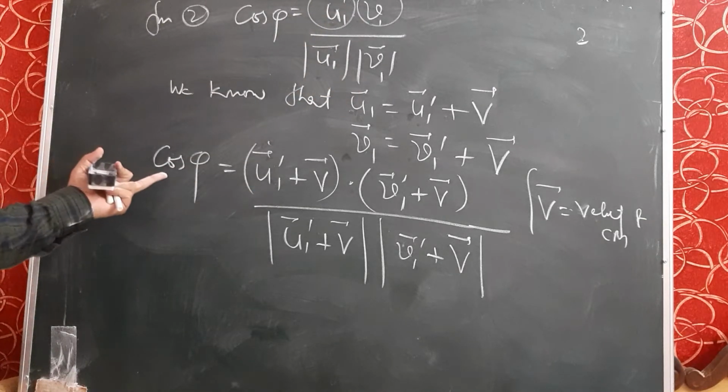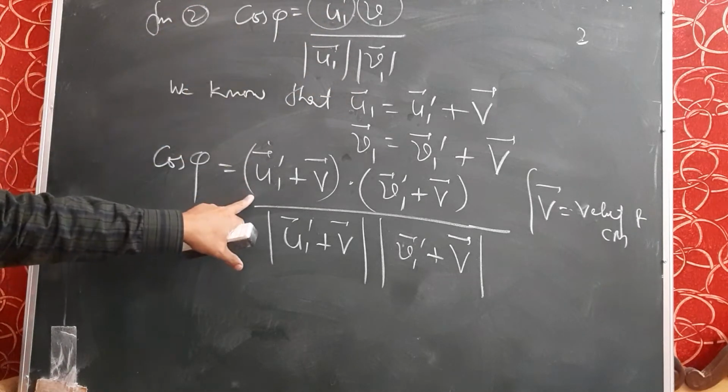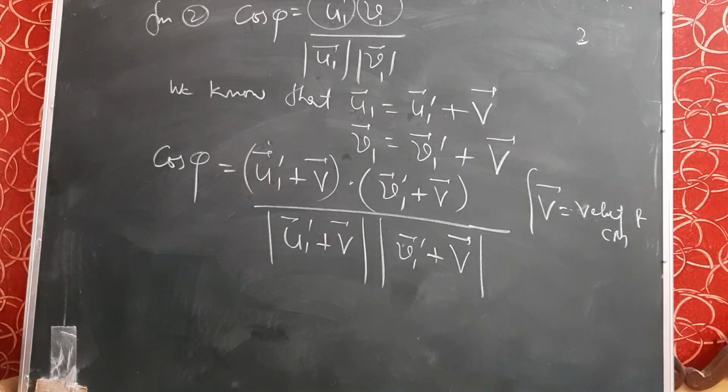So now this equation is converted into an equation of dashed quantities, that is, in center of mass frame.